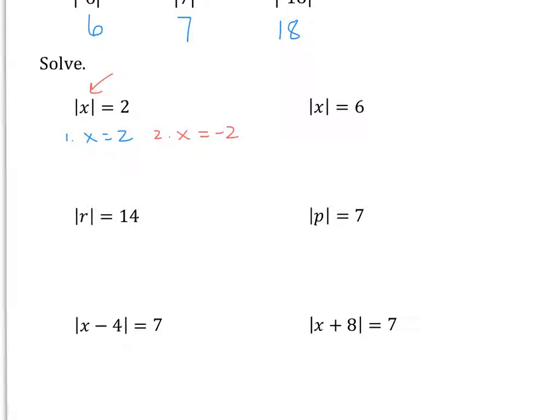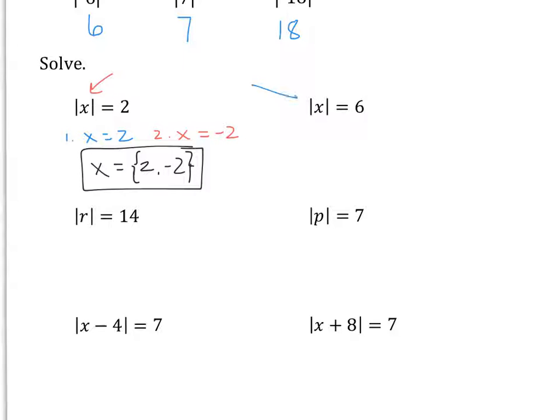So again, there's always two cases. So when I write my answer, I will say x equals, and I could even put my answers in brackets, 2 and -2. Little squiggle brackets around the side, and then circle my answer.